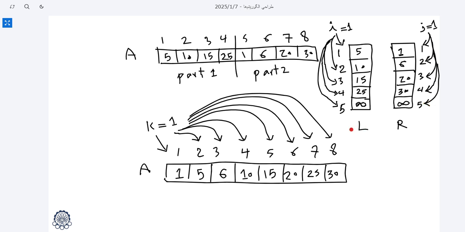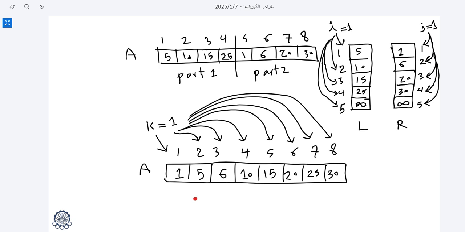At last, index i is the index of the infinity in L, and index j is the index of infinity in R, and all of the elements of L and R are copied into A.